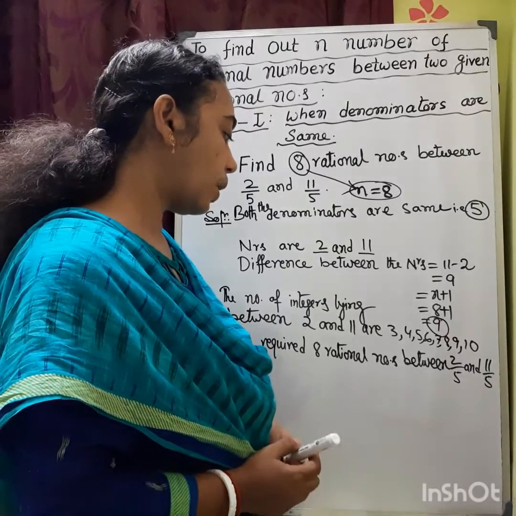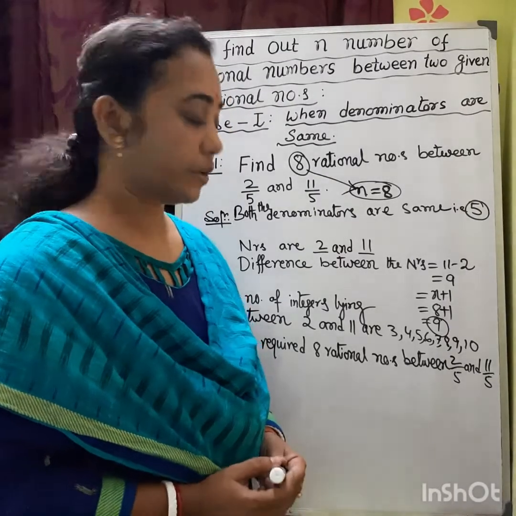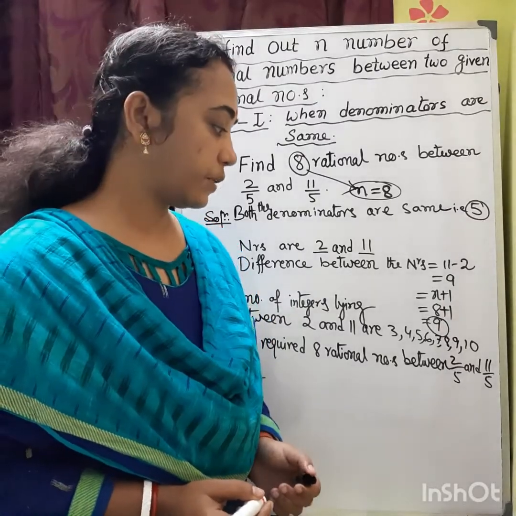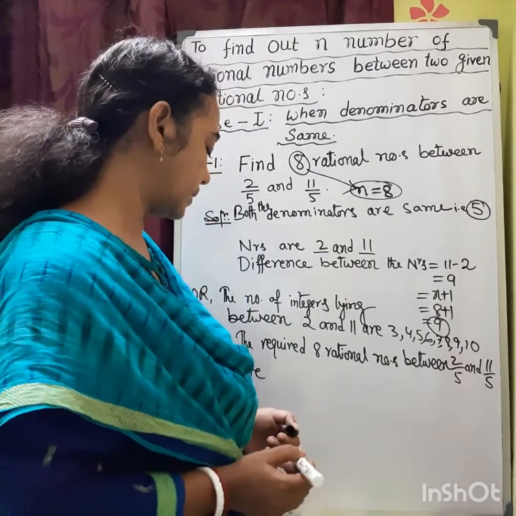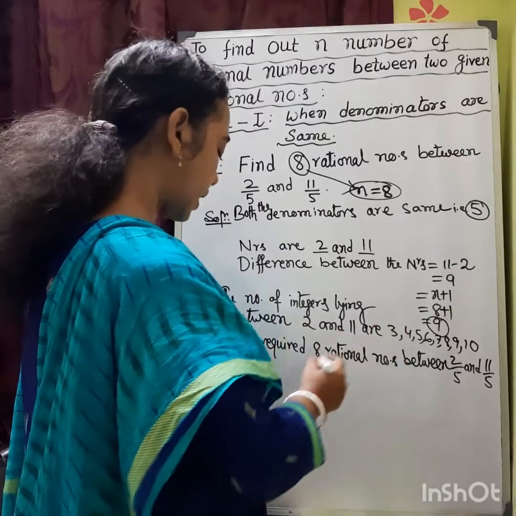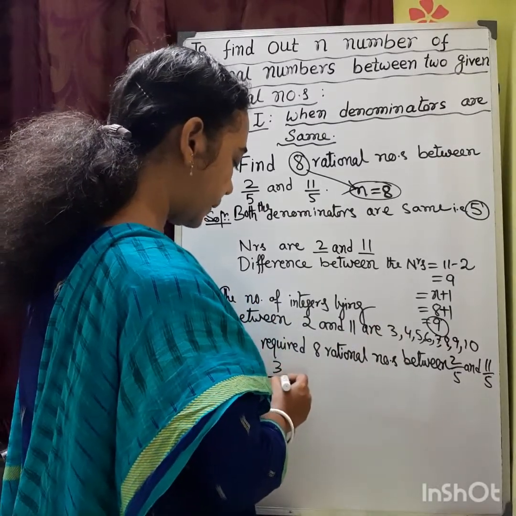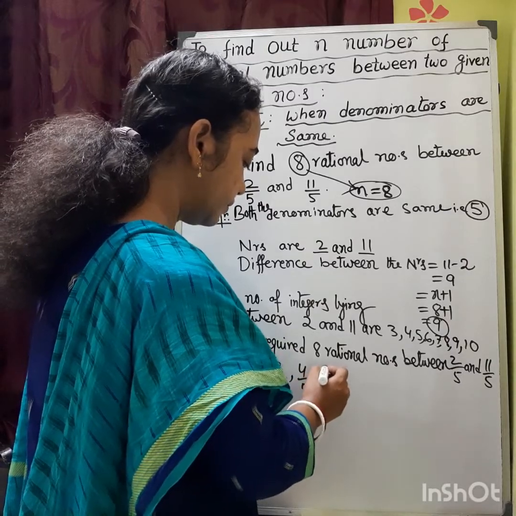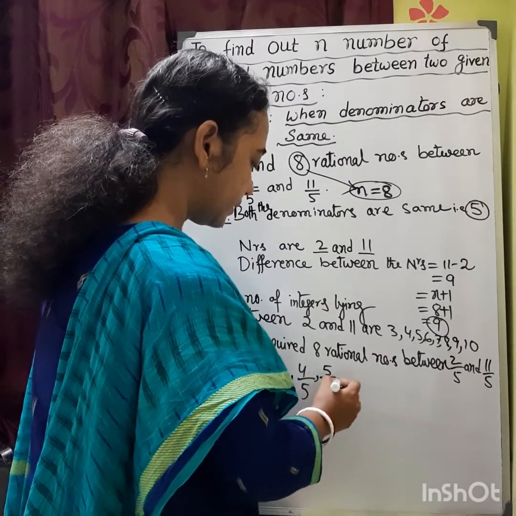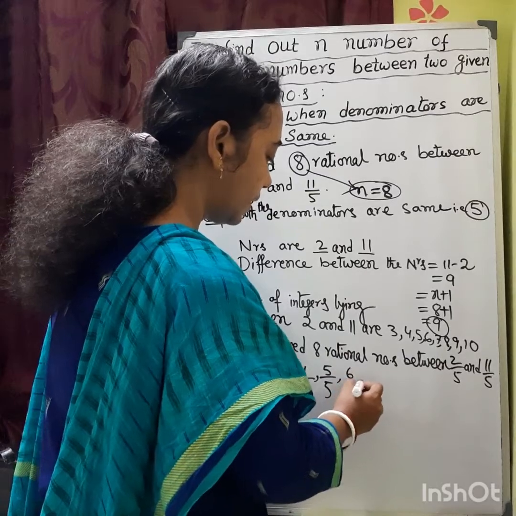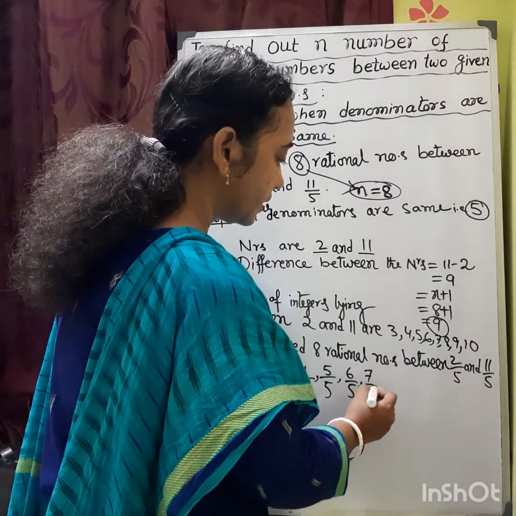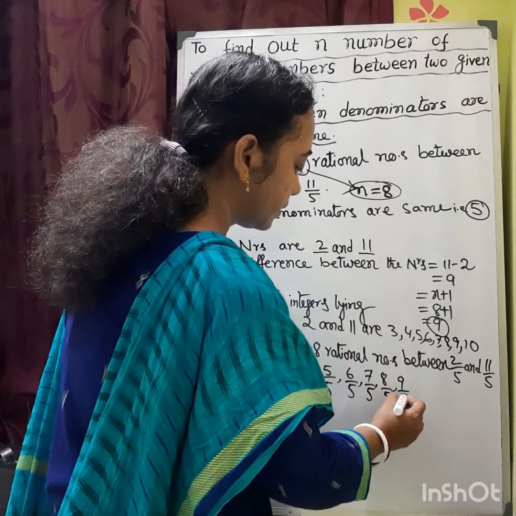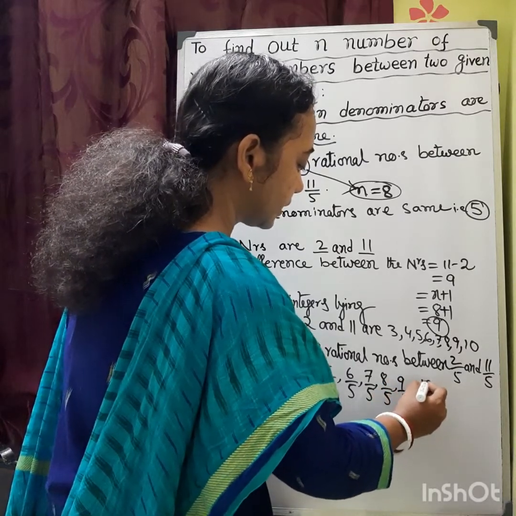Therefore the required 8 rational numbers between 2 by 5 and 11 by 5, both having the same denominator 5, are: we start with 3 by 5, then 4 by 5, 5 by 5, 6 by 5, 7 by 5, 8 by 5, 9 by 5, and at last 10 by 5.